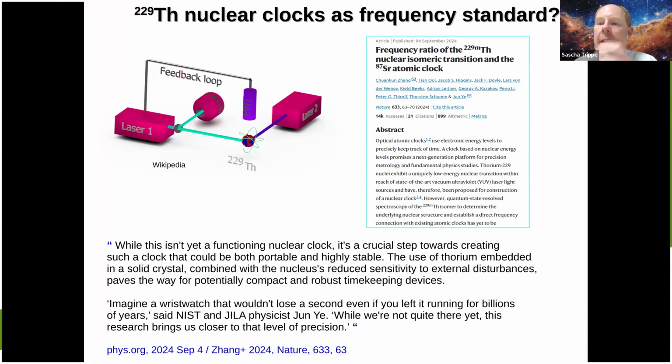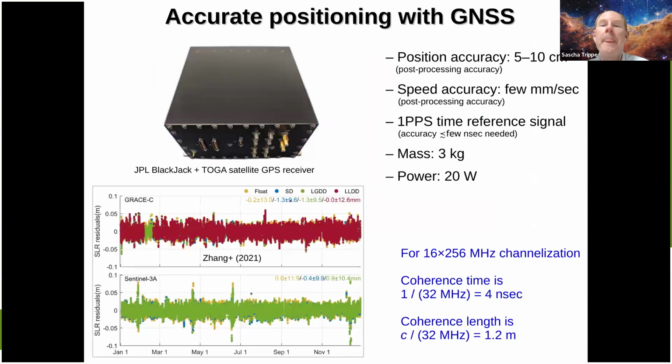You would have a device with the accuracy of an atomic clock, but since thorium-229 is a solid material, in a crystal, you could scale this down all the way to the size of a smartphone eventually. But we are not there yet. In the last few years, the physics community has been very excited about that option.